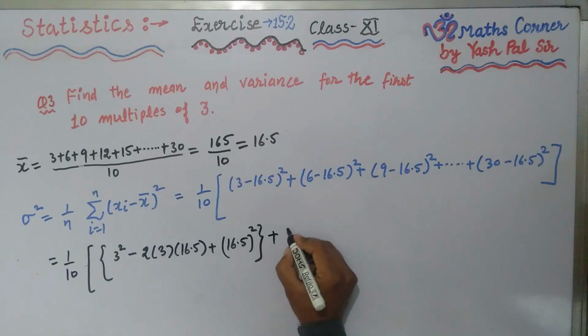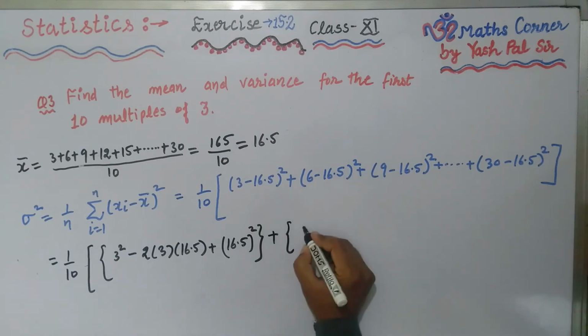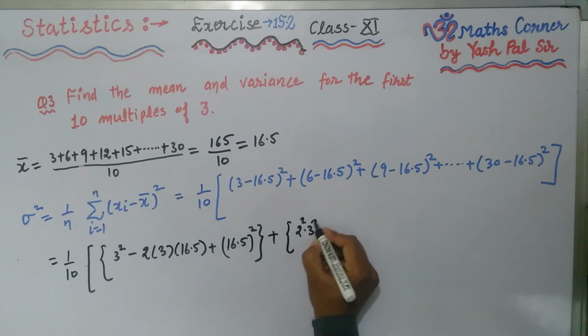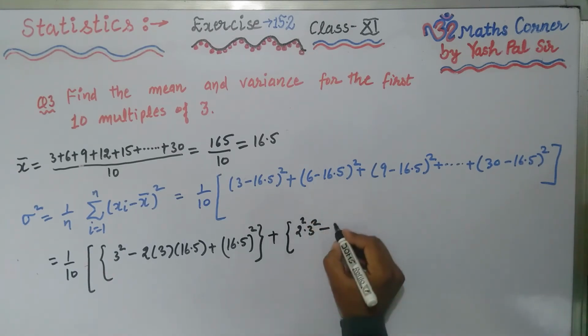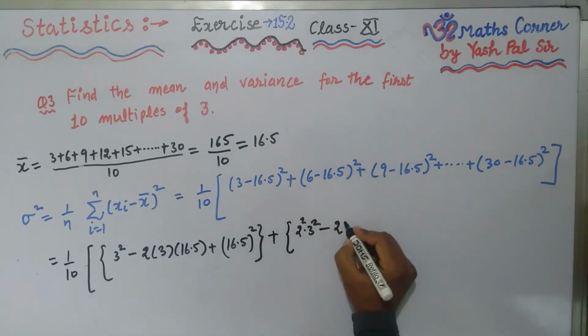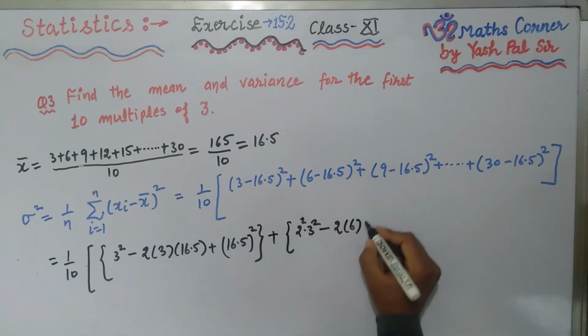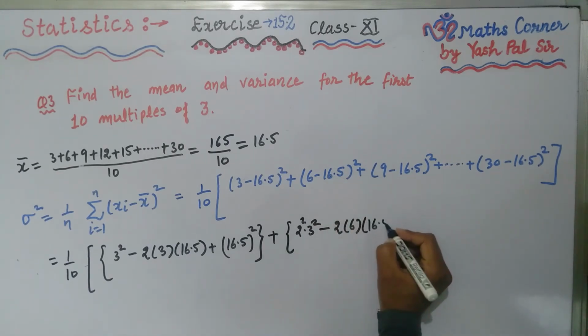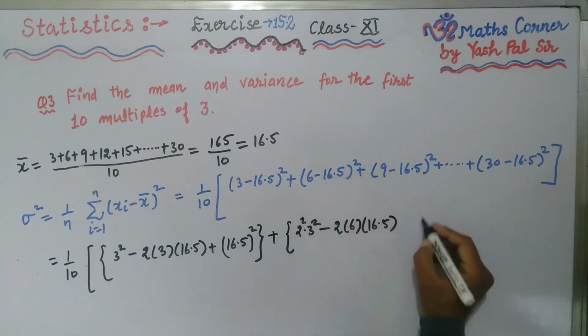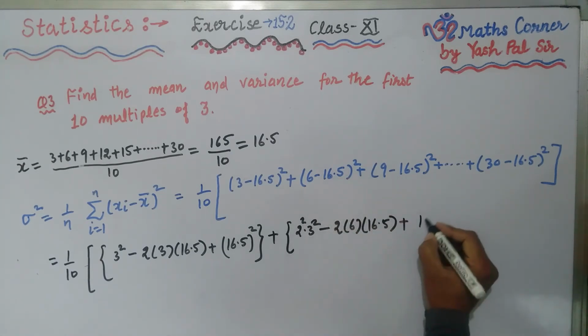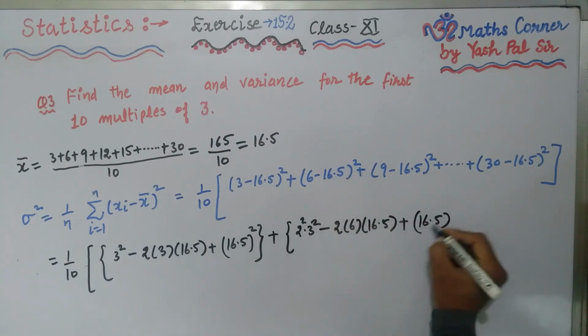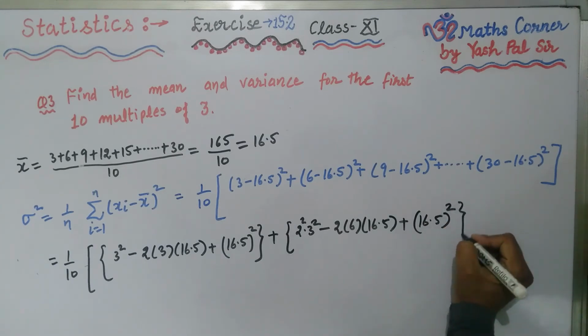The second bracket will be 6 whole square, 6 meaning 2 whole square into 3 whole square, minus 2 into this number 6 into 16.5, right? Next is plus 16.5 its whole square, right?